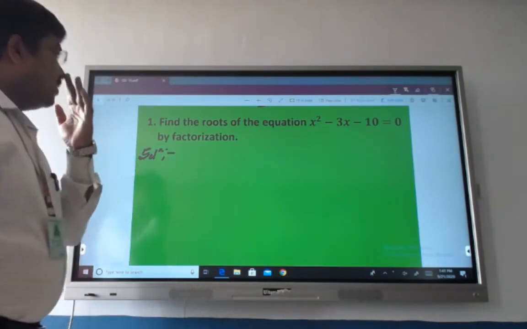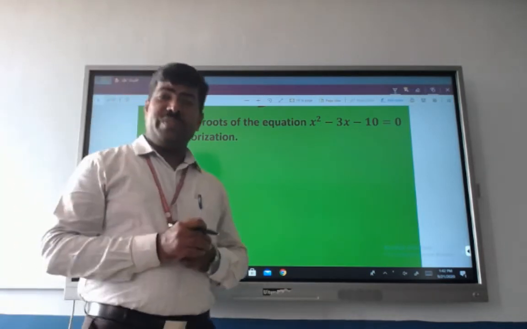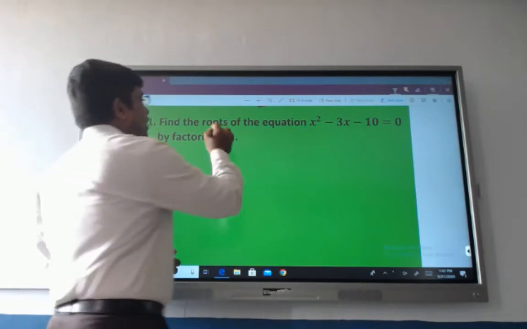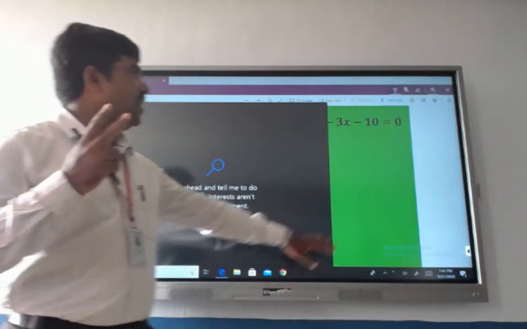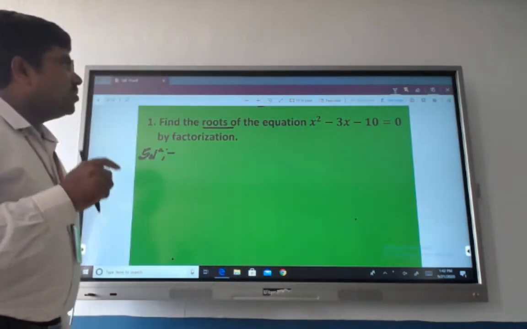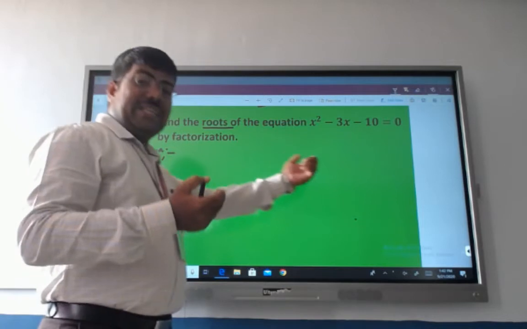Find the roots of the equations. Roots of the equations means the solution. How many solutions will you get in quadratic equations? We will get 2 solutions in quadratic equations. So those solutions we will get by factorization method here.